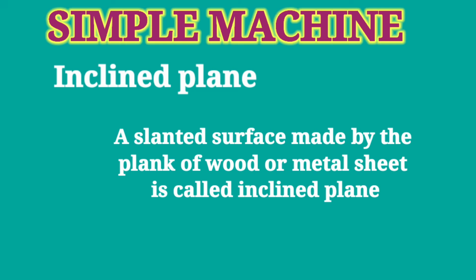So when you are defining an inclined plane, you will define it this way: a slanted surface made by a plank of wood or metal sheet is called an inclined plane. That was all about the inclined plane, and I have explained its examples also.